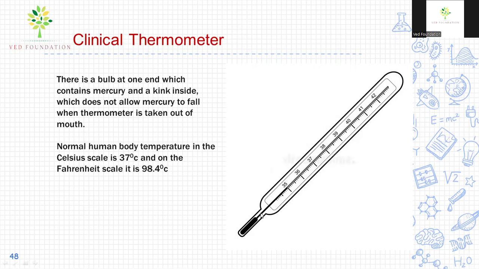The kink is a small bent part that is not shown here. Normal human body temperature on the Celsius scale is 37 degrees Celsius, and on the Fahrenheit scale is 98.4 degrees Fahrenheit. Sometimes both scales are given on a clinical thermometer, Celsius on the upper side and Fahrenheit on the lower side.